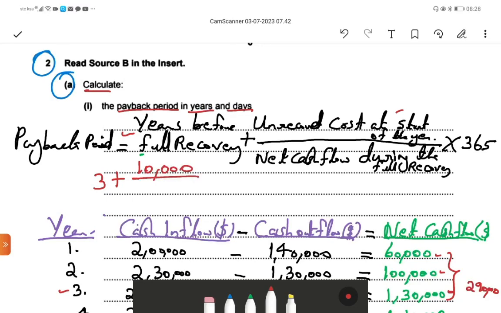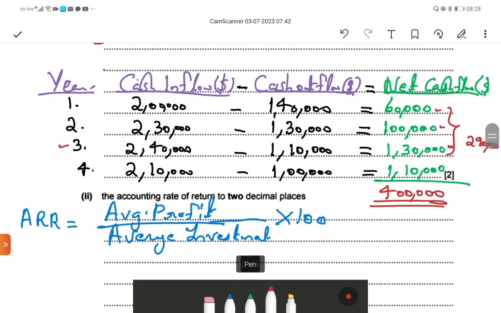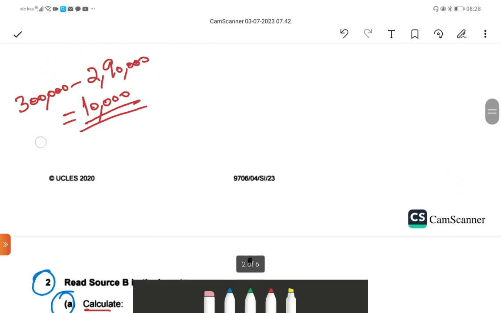Divided by net cash flow during the full recovery. Full recovery we can do in the fourth year, so 110,000 is the full recovery net cash flow.